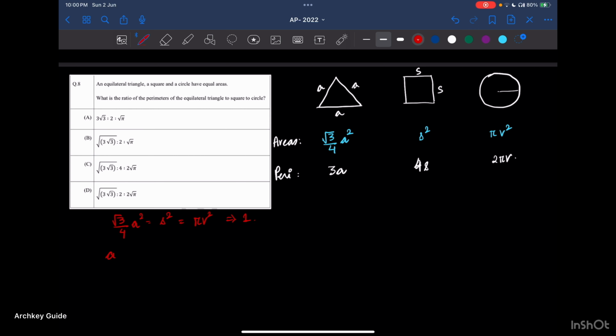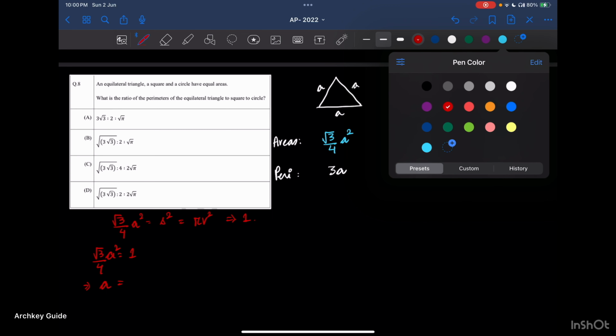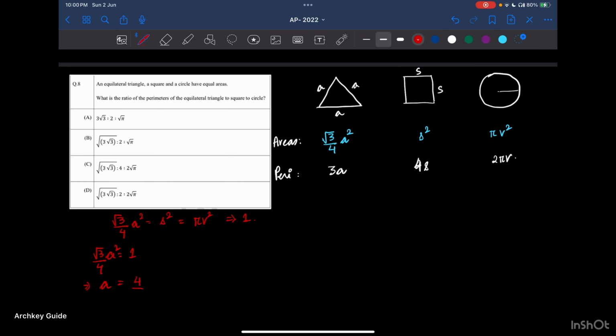So from here, root 3 by 4 A square equals 1. So A, I'll get what? This would be 4 divided by root 3. This is square. So A equals 2 by 3, 1 by 4.